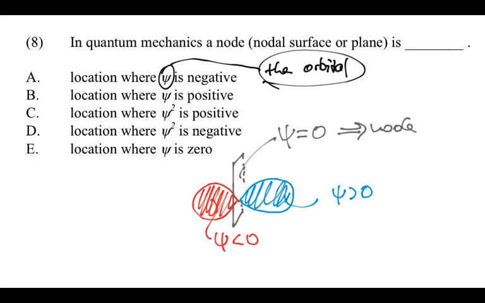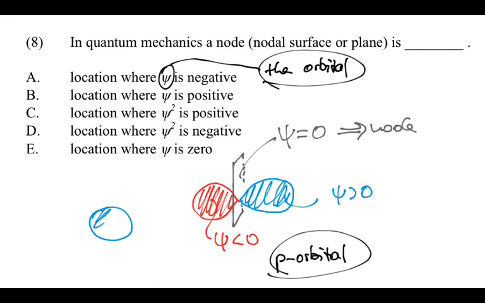In general, the more nodes or nodal planes you get, the higher in energy the wave function is. For example, a p orbital looks like this, and an s orbital looks like a sphere.